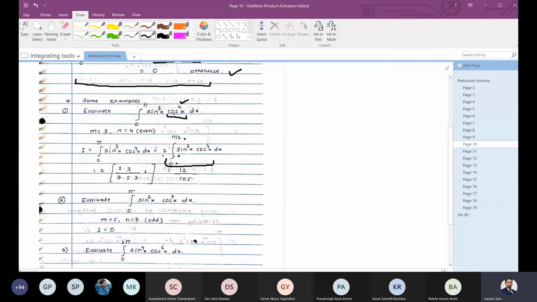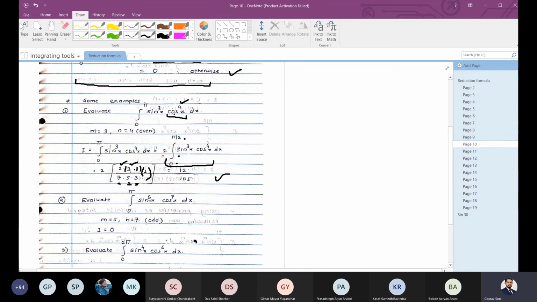So that is 3 minus 1, 2. 4 minus 1 is 3. After 3 comes 1. In the denominator, add both of them. 4 plus 3, 7, 5, 3, 1. One is even, the other is odd, so multiplied by 1. This is our answer.